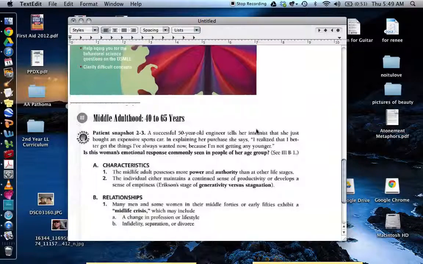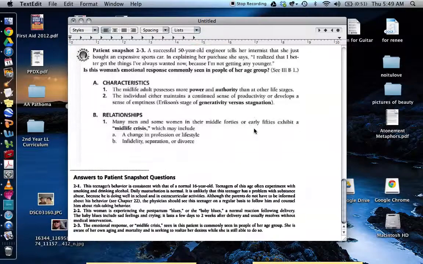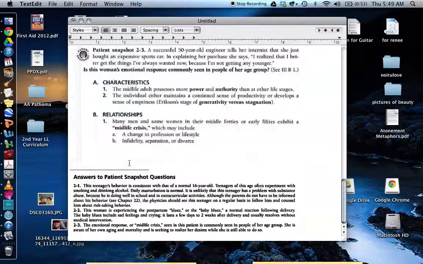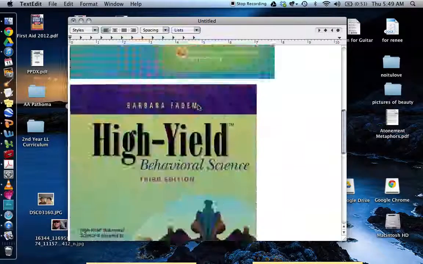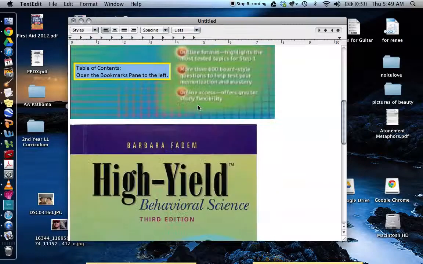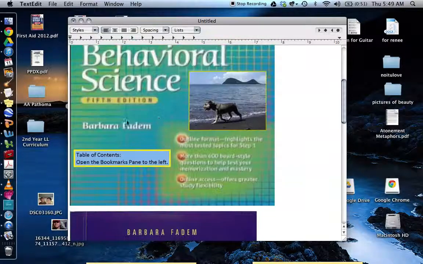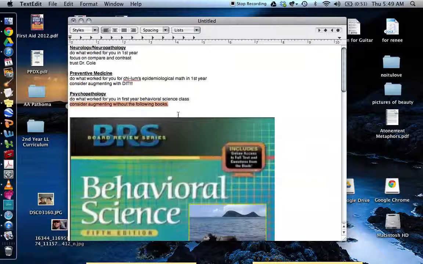And they're really good vignettes. At the end of the chapter are the answers for those vignettes. So here's 2-3, that's the answer to this vignette. I found this at the end of the chapter and screen clipped it, and these are all mid-chapter. But the point is, Barbara Fadem, who is part of both of these books, has the boards questions on these topics pretty well dialed in, kind of like Dr. Sitar does for pathology, and I feel like Dr. Cole does for neurology.